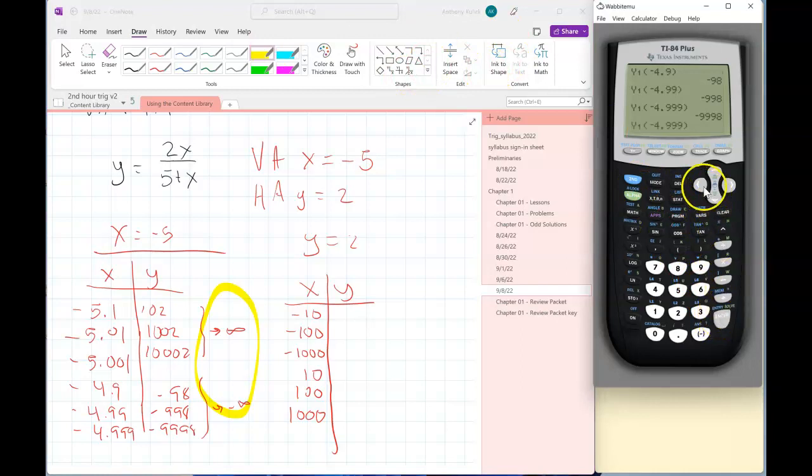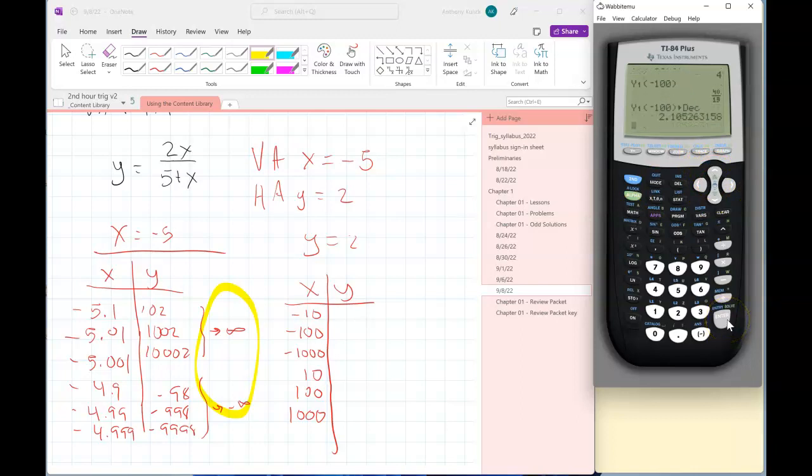So second enter, and we have -10. And then 100. Oh, that's a problem. Let's do this. I'm going to just put math and then DEC at the end of it.